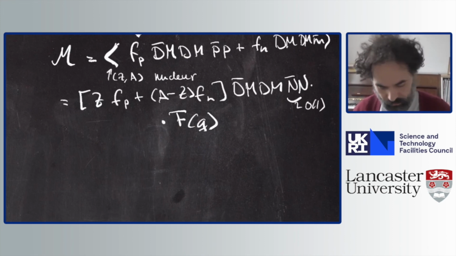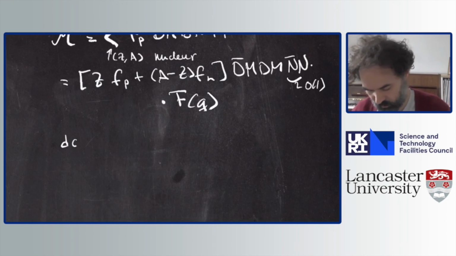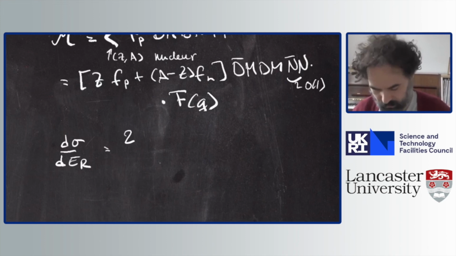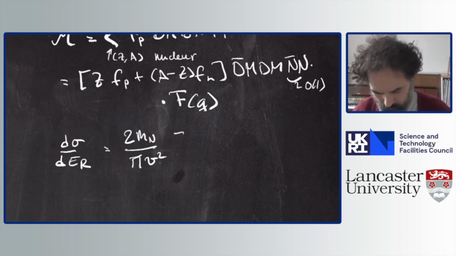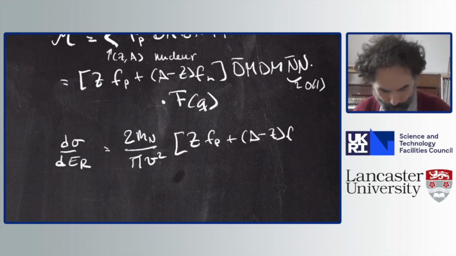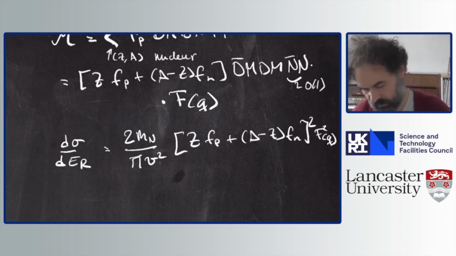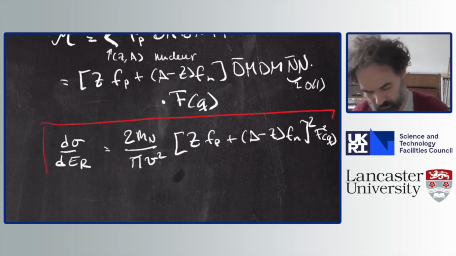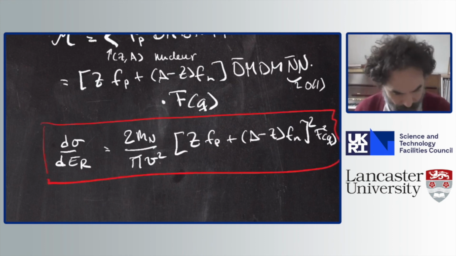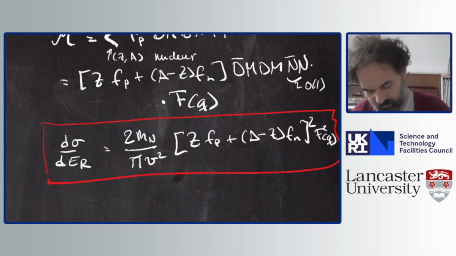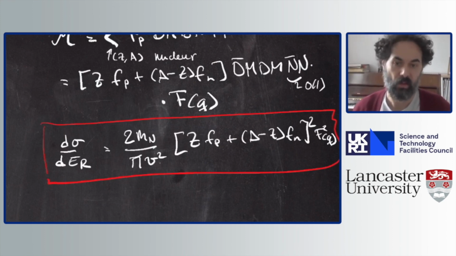So finally, the expression that we want, remember the cross section per recoil energy, can be written in the following way. Okay, quite simple. At least, once you know these form factors and this F(q) function, all is known.